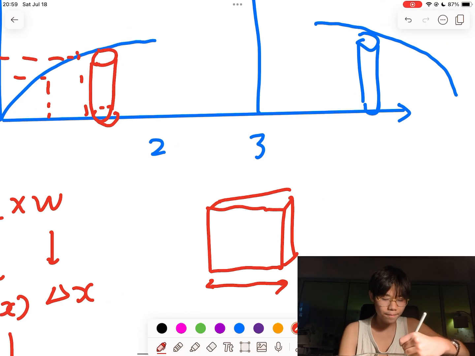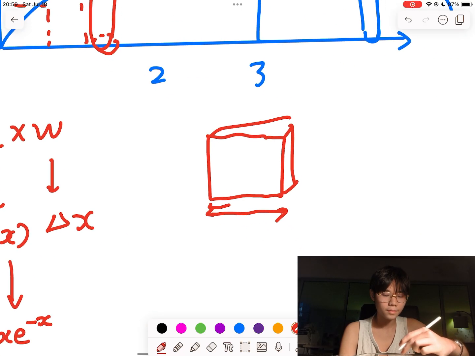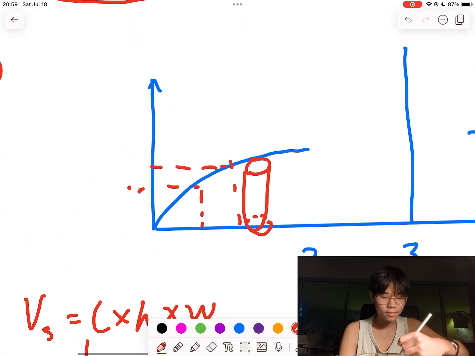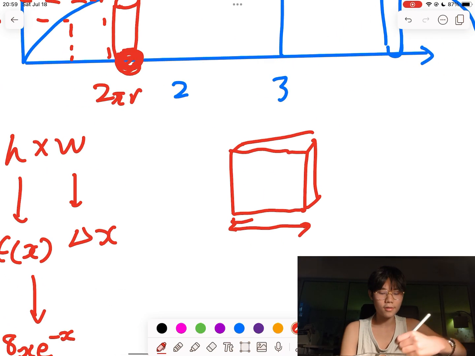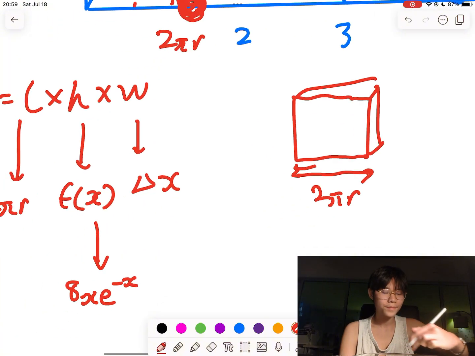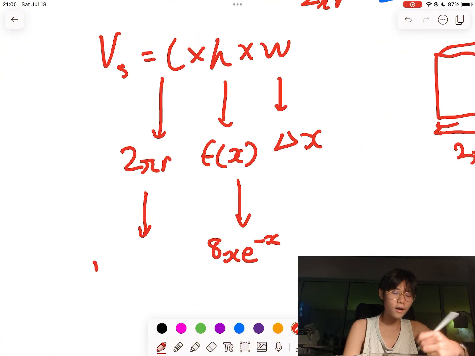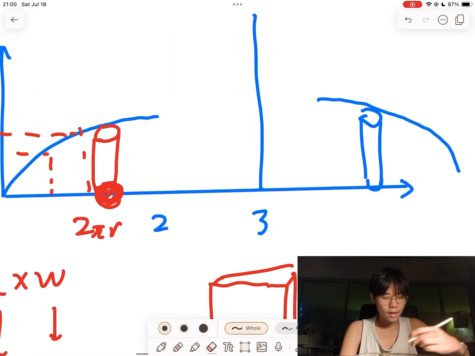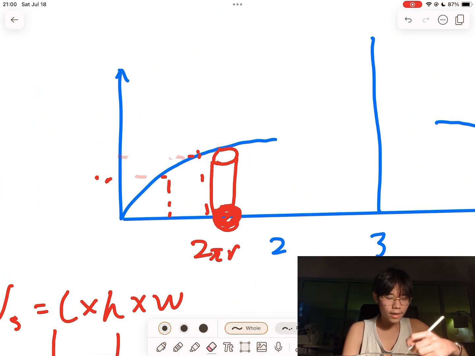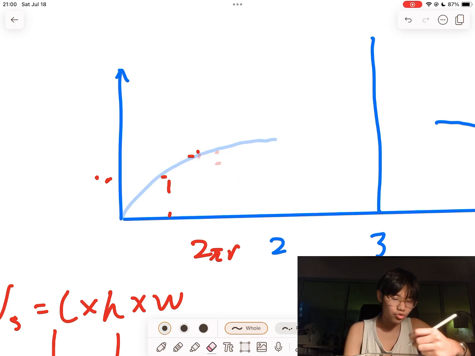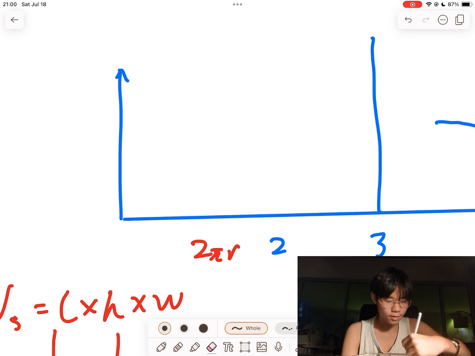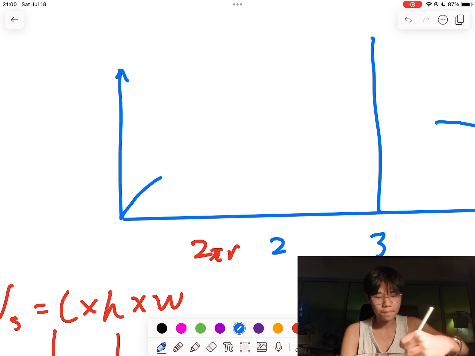When it's cut open, it becomes a straight line. What is the length of this bottom area? It's 2 pi r, the circumference. So we know this will be 2 pi r too. I knew that in the test, but the hard part was figuring out what r is. The method I used to solve this after the test was a little bit of trial and error.